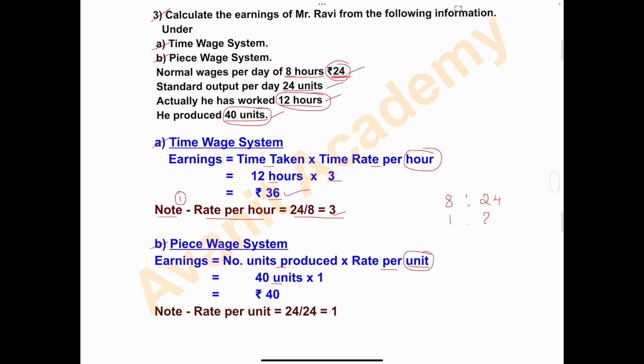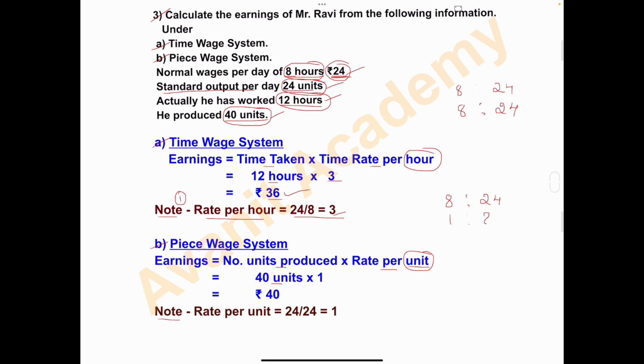Per day of 8 hours, the total wage rate is rupees 24, and in that 8 hours, how many units can be produced? The standard output is 24 units.